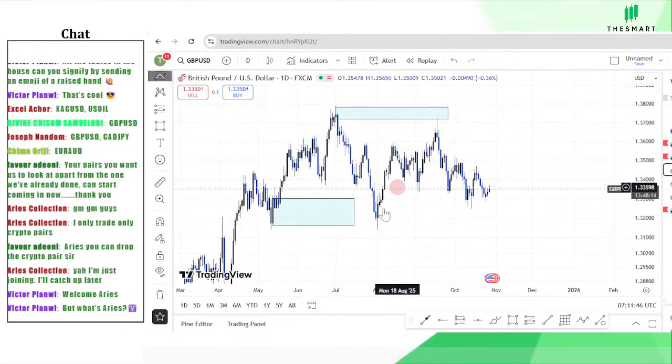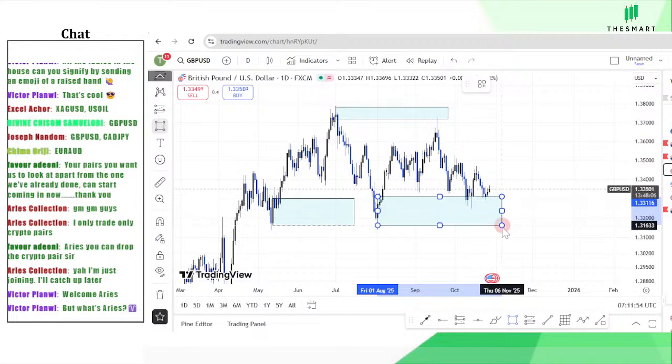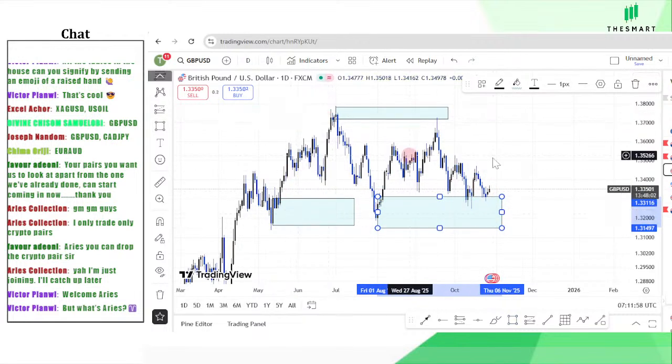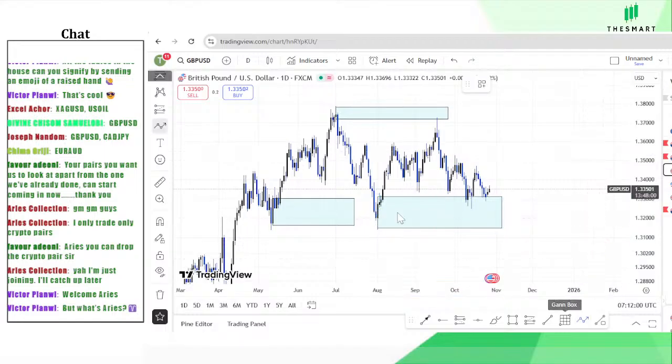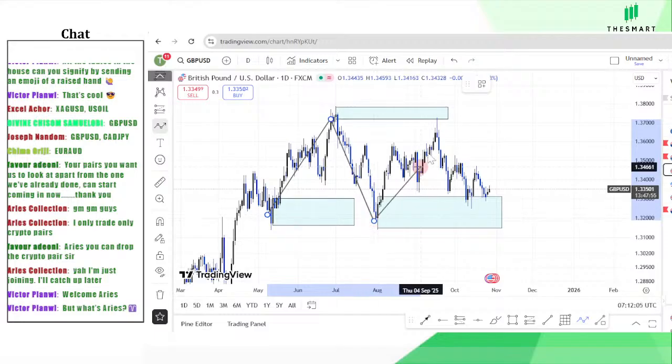So we've already seen that price is ranging. This price is ranging because if you look at this zone here up to this point, it is just ranging. Look at this diagram. So you can actually see that our price is ranging.